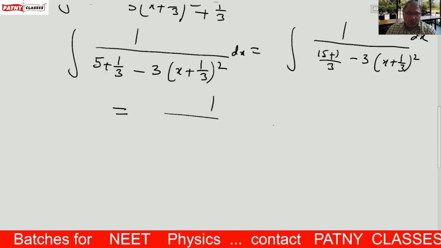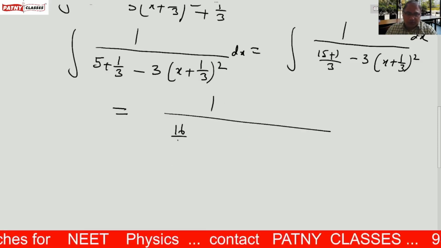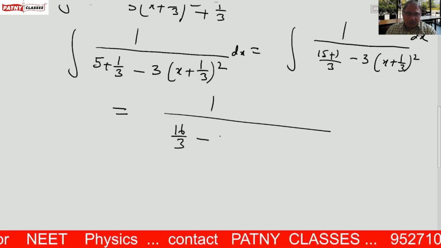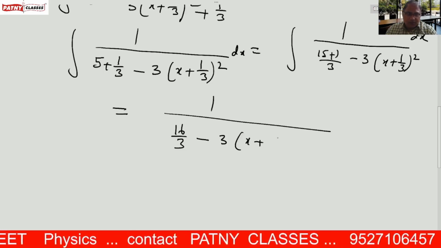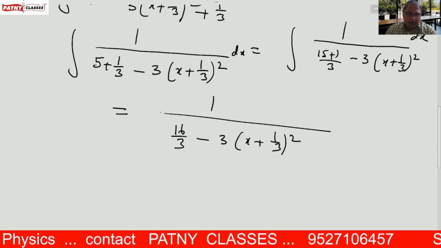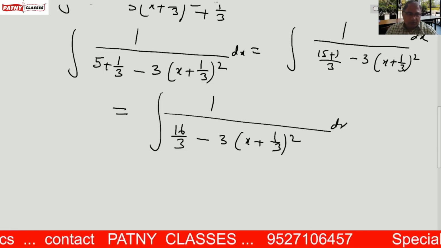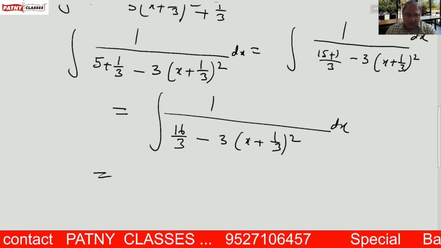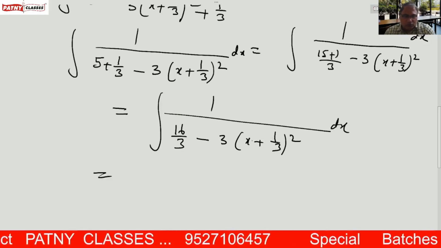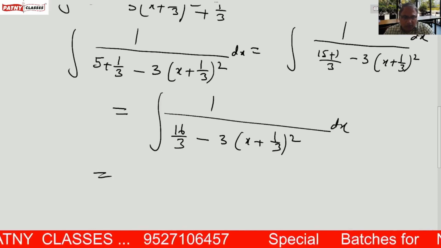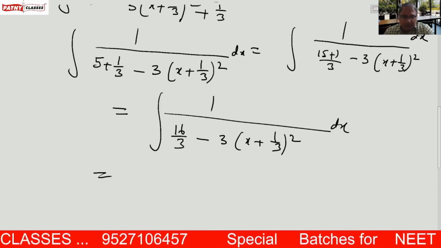Now 1 upon 16 by 3 minus 3 into x plus 1 by 3 whole square. Here again, x plus 1 by 3 whole square got multiplied to 3. That 3 has to be taken outside.